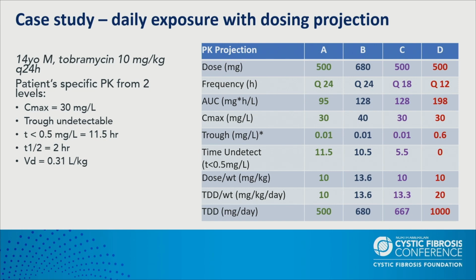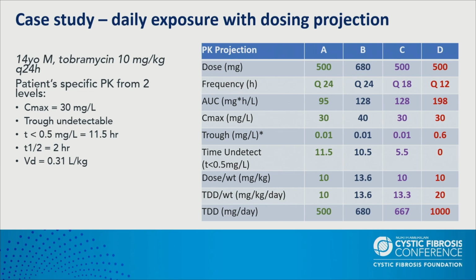Remember that AUC is determined by the dose divided by clearance, so if we expect no changes in clearance, as you increase the dose, you increase the AUC. In this regimen, our extrapolated trough is now 0.6. Generally, people target a peak of 20 to 40 and a trough of less than 1.